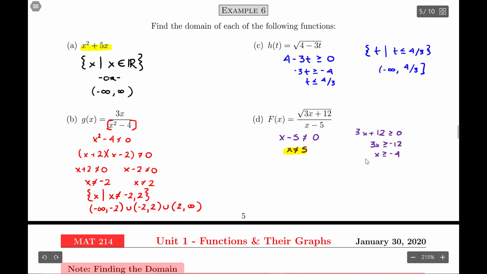So we have to put these two pieces of information together. X has to be greater than or equal to negative 4, but it cannot be 5. So when we write out the interval notation for that, we have x such that x greater than or equal to negative 4 without x being equal to positive 5.